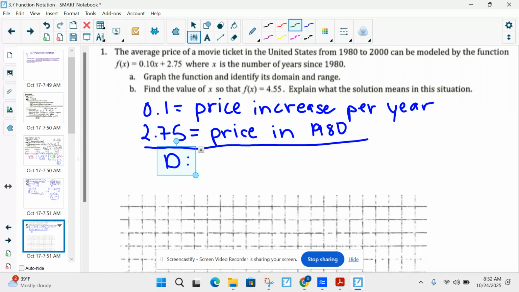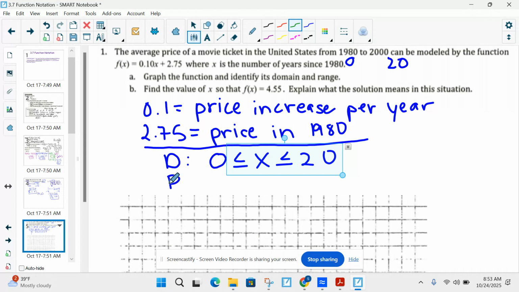So when it's 1980, how many years has it been since 1980? 0. So our smallest value is 0. 1980 represents the year 0. 2000 represents the year 20. So our domain is 0 less than or equal to x less than or equal to 20.